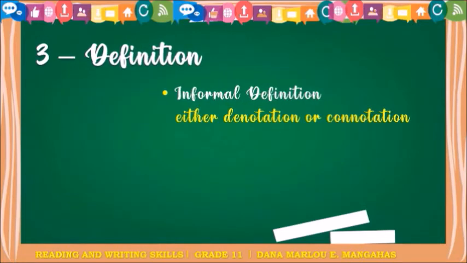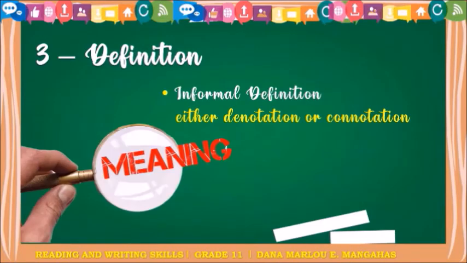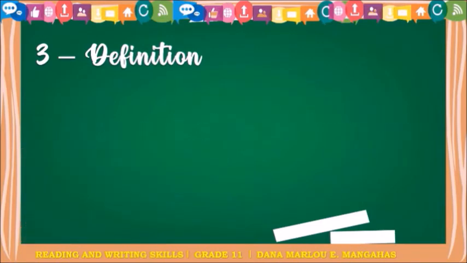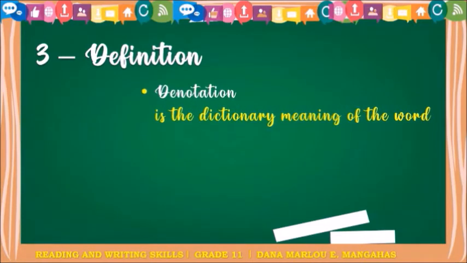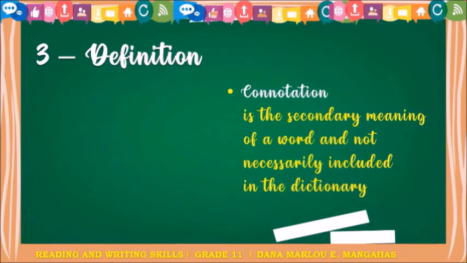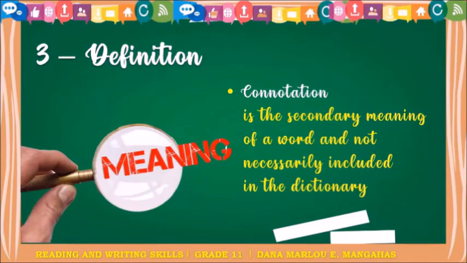First, informal definition, as either denotation or connotation. Denotation is the dictionary meaning of the word, while connotation is the secondary meaning of a word and not necessarily included in the dictionary.